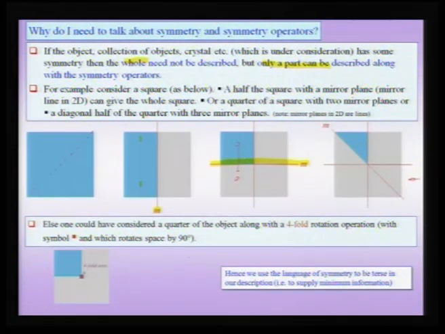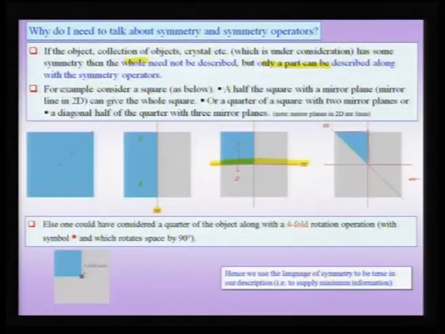In other words, all I need to prescribe is this one triangle, and this triangle in conjunction with these 3 mirrors, the one diagonal mirror, one vertical mirror and one horizontal mirror, will give the entire blue square back to me. Therefore, I have conserved my information, or I have described my object in the least part in conjunction with the symmetry present in the object, and therefore I get my entire original square.